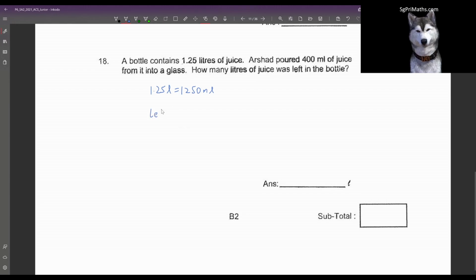So left equals 1250 ml minus 400 ml equals 850 ml. But then the answer is asked for liters. So when we change back to liters, it will be 0.85 liters. Alternatively, you can change 400 to 0.4 liters, so at the end, you don't have to change.